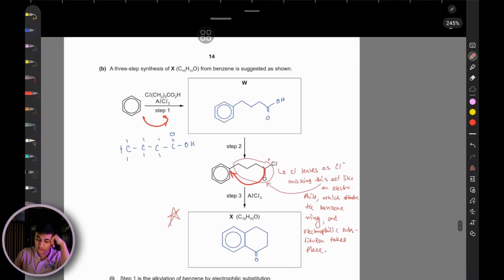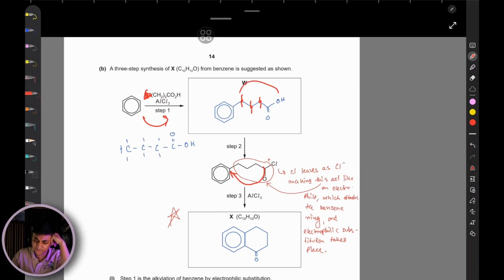Okay, let's do that. So this Cl, forget about it. This is the electrophile, and this is going to be added to this position. So it's going to be basically in the middle. You have 1, 2, 3 CH2, and this electrophile substituted this hydrogen atom and formed a carbon to carbon bond.